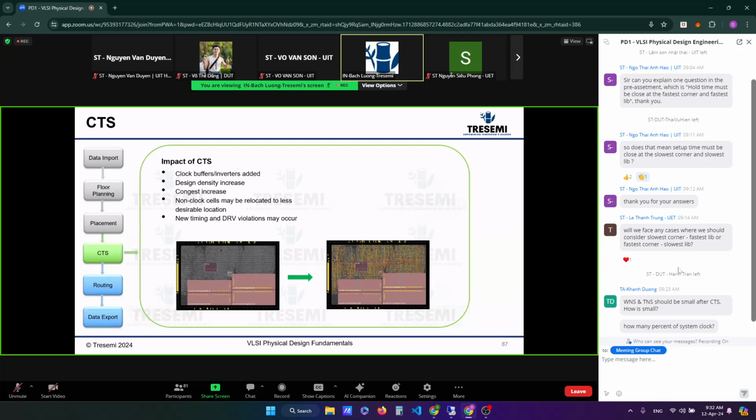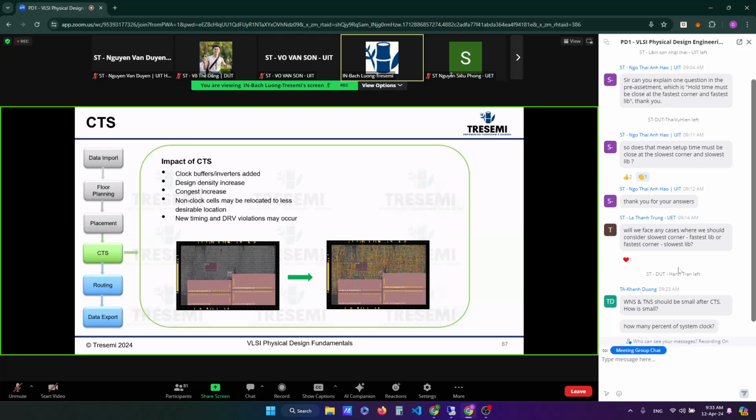So if your design is already congested here, you go to CTS, it's going to make it more congested. So remember you want to check timing and congestion after every stage to make sure it's still under control. Because if you have congestion and you ignore it, guess what?